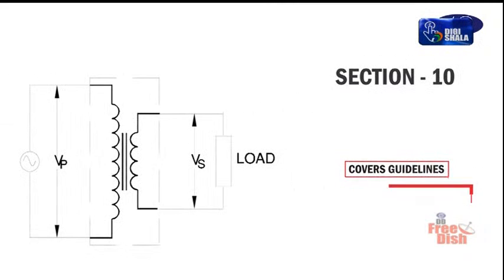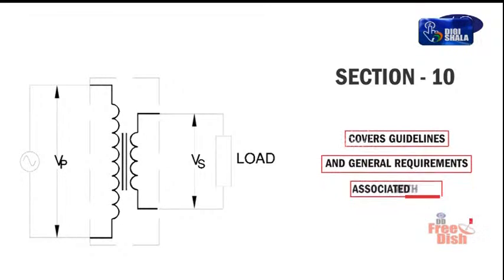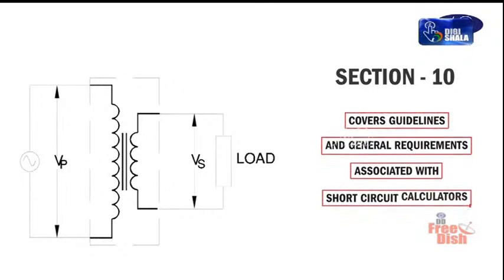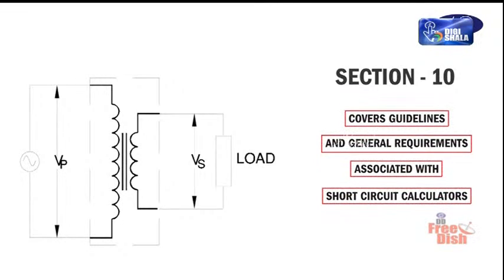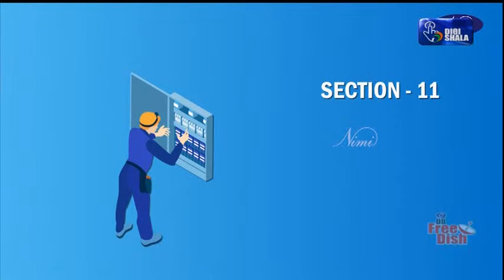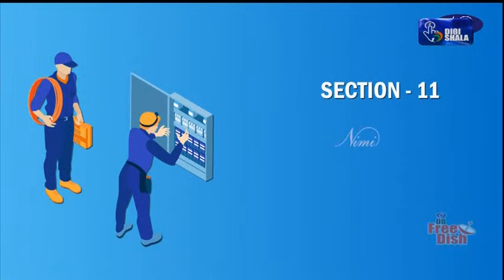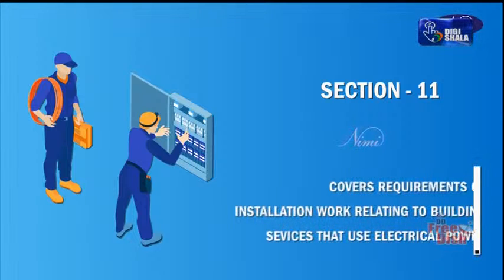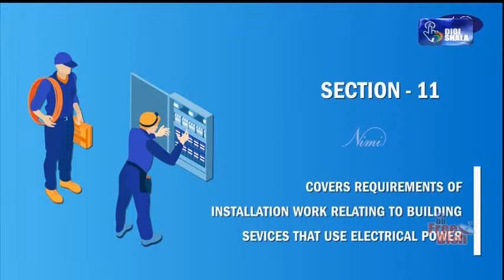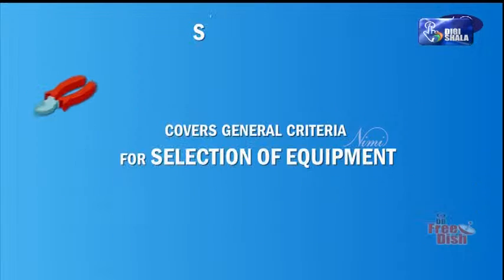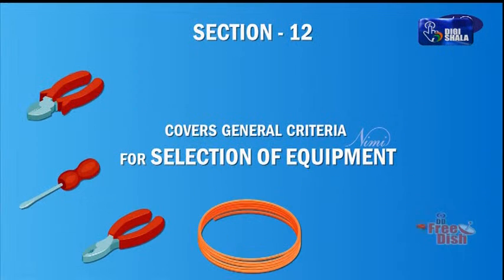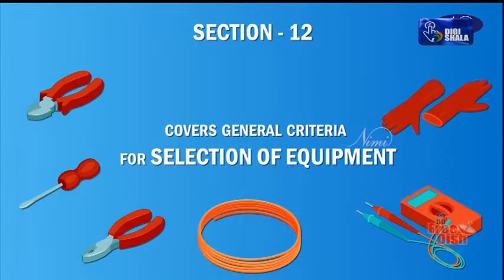Section 10 gives guidelines and general requirements associated with short circuit calculations. Section 11 covers requirements of installation work relating to building services that use electrical power. Section 12 covers general criteria for selection of equipment.